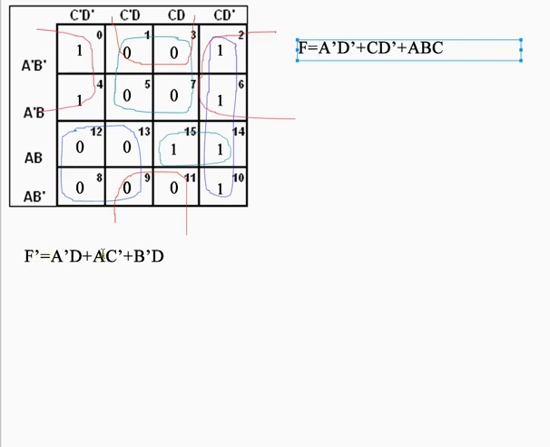This is the complement of F, and it is in sums of products form. Since I'm looking for the product of sums form of the original function, I can take this one and complement it. That would be my function F again. So F would be the complement of all of this.